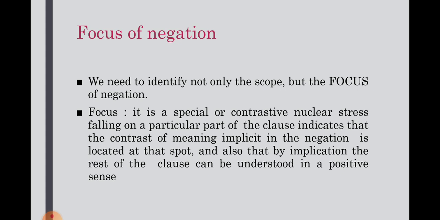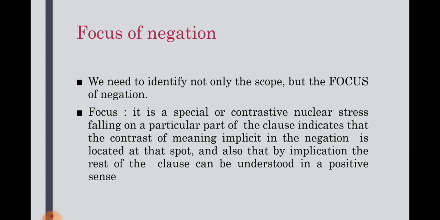So now we come to the idea of focus, which is highly related to the scope of negation. Let's see what is meant by focus of negation. We need to identify not only the scope, but the focus of negation. What we mean by focus is a special or contrastive nuclear stress.